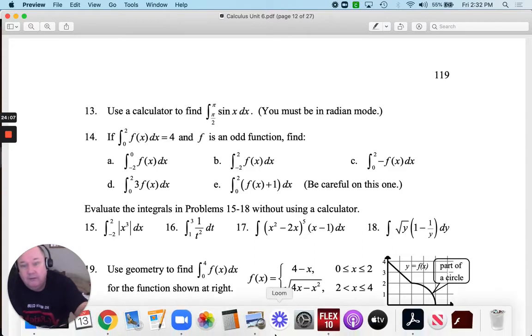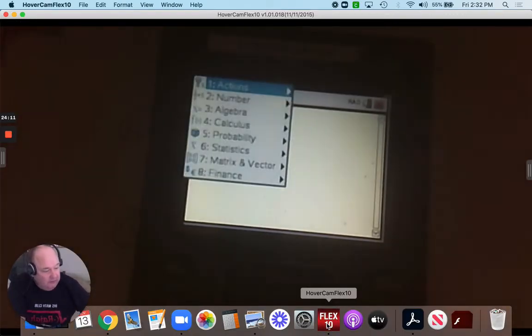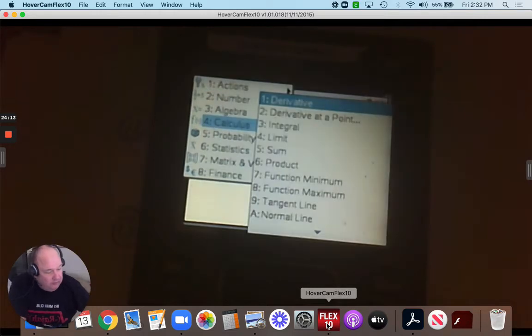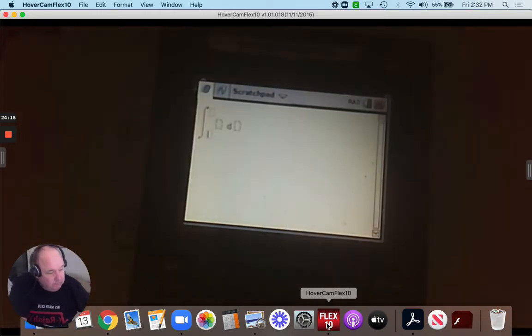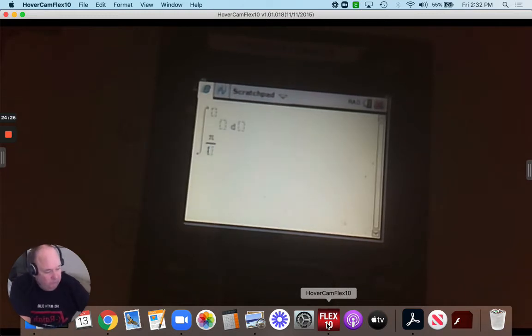So here, let me show you how does this look? Press menu, press calculus, press integration. The lower bound is pi over 2. So go control, divide, and then go pi over 2. And then the upper bound, I think, is just pi.